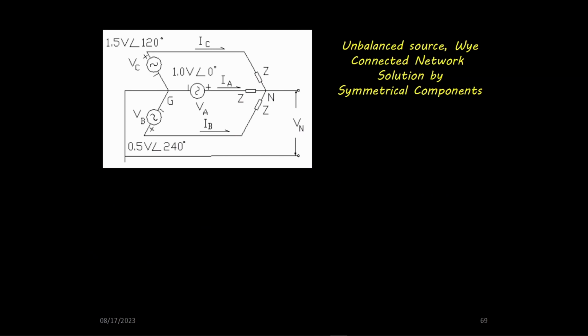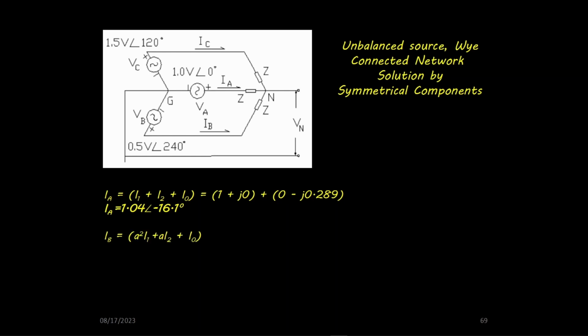From the fundamental equations, IA equals I1 plus I2 plus I0 is equal to 1 plus j0 plus 0 minus j0.289. Therefore, IA equals 1.04 at minus 16.1 degrees.